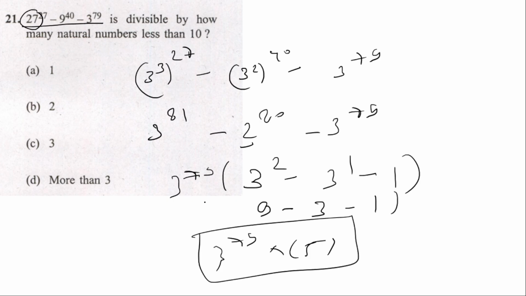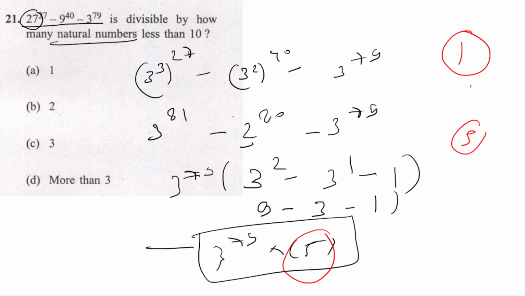Okay, so how many natural numbers? Natural numbers start with 1. So this number will be divisible by 1, because every number is divisible by 1. Then here is 5, so it is divisible by 5.